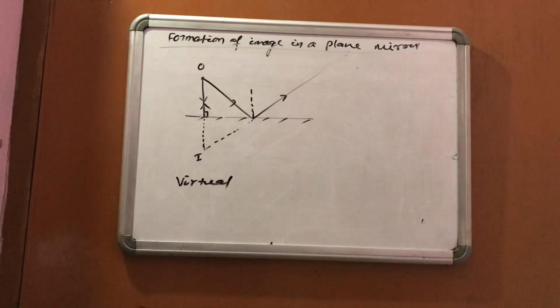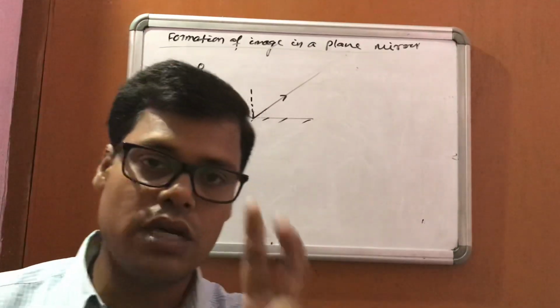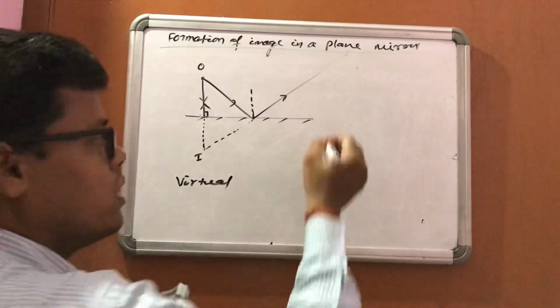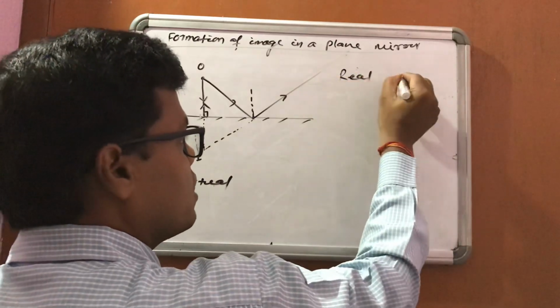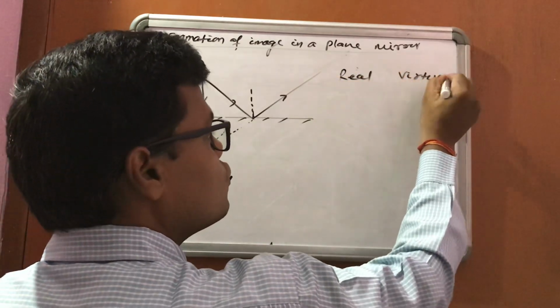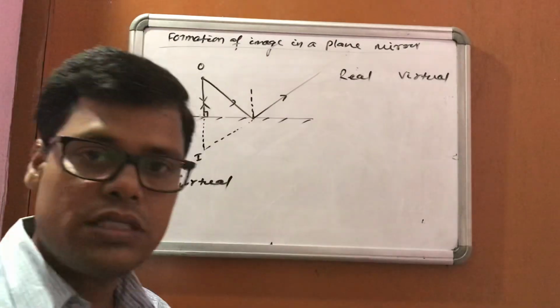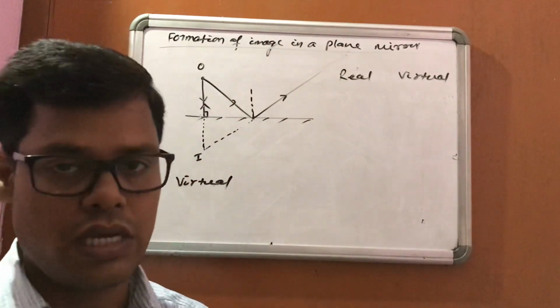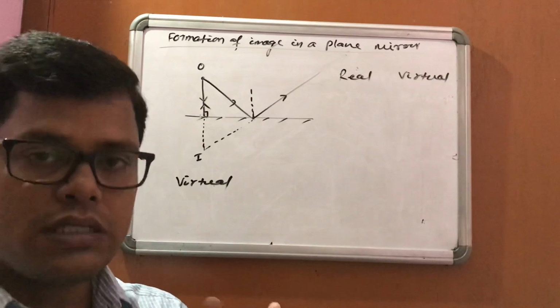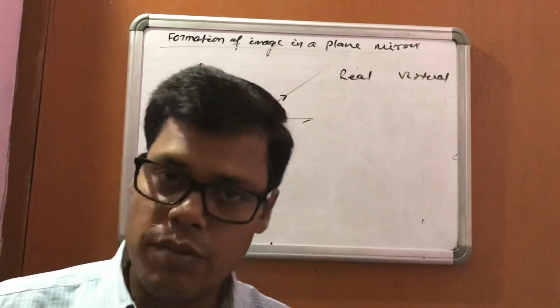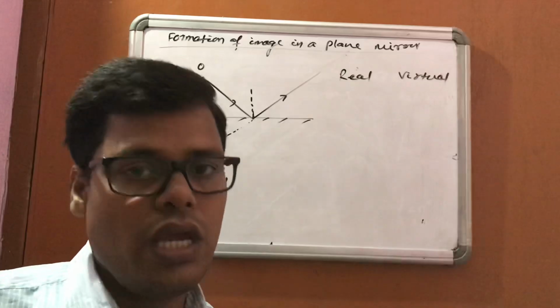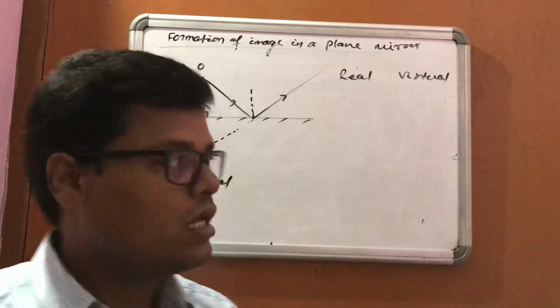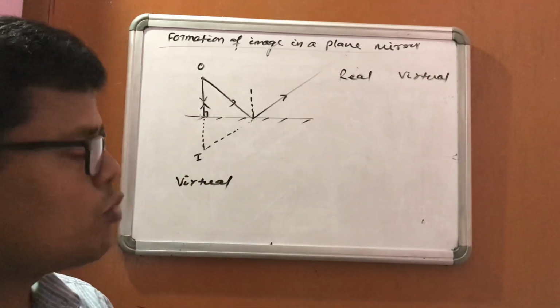What type of image is this? Virtual image. I must make clear there are two types of images: one is real image, another is virtual image. A real image can be taken on a screen. A virtual image cannot be taken on a screen. Like the image formed on the screen in a cinema hall is a real image.